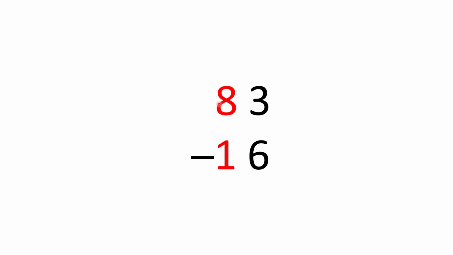Next we have 83 minus 16, but the child will read it as 8 tens 3 units, 83, minus 1 ten 6 units, 16. The child will not directly say 83. 8 tens 3 units, 83, 1 ten 6 units, 16.